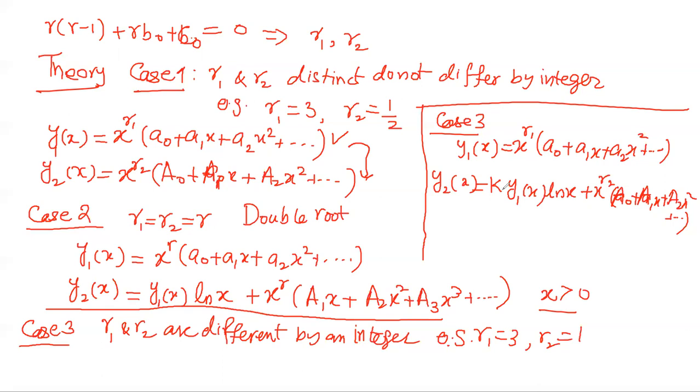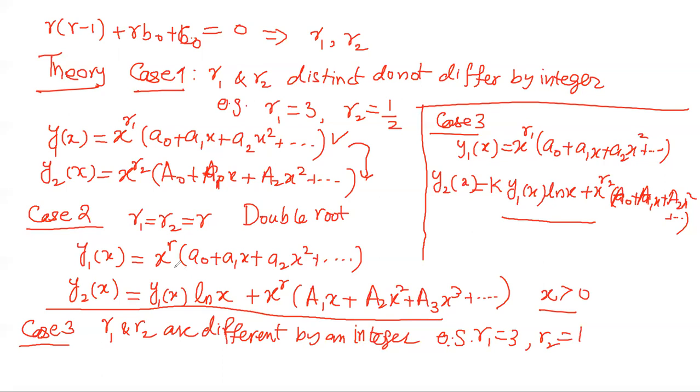In case 3, depending on the value of k, which may be 0 as well, this second solution may not have the log x term, because if the value of k is 0, this term will vanish. So case 3 may have a log x in the second solution, but case 2 will always have a log of x in the second solution.